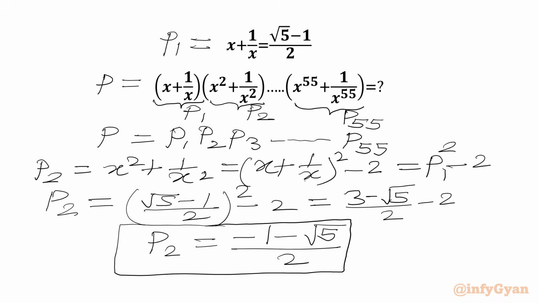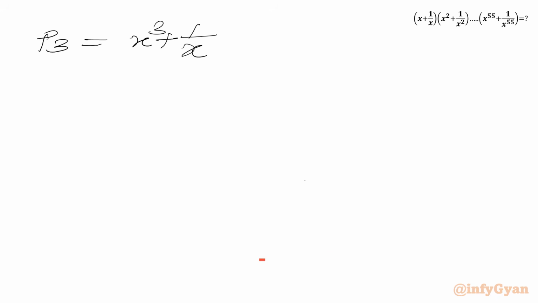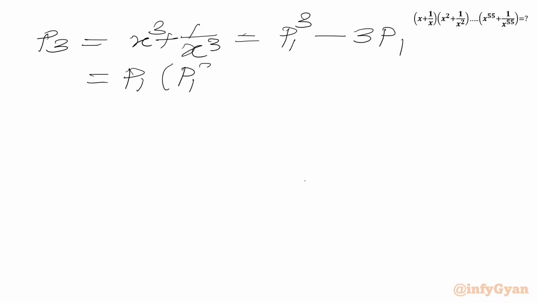Now we'll be calculating P3. So I will write here P3, which is x cube plus 1 over x cube, will be equal to P1 cube minus 3P1 using the algebraic formula. We'll take P1 common out. So in the bracket we need to write P1 square minus 3. Now P1 is (root 5 minus 1) over 2.